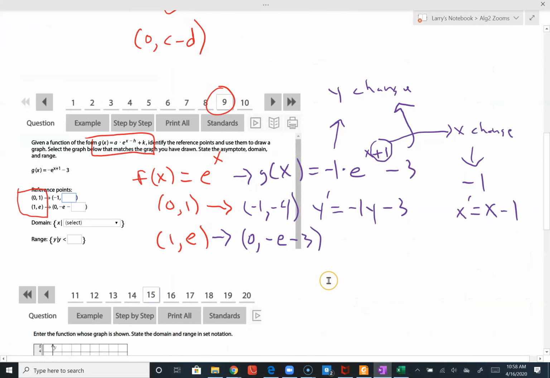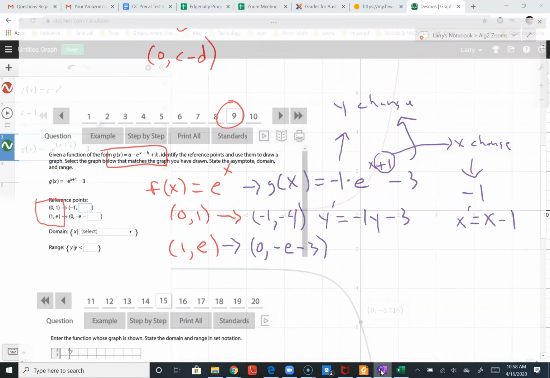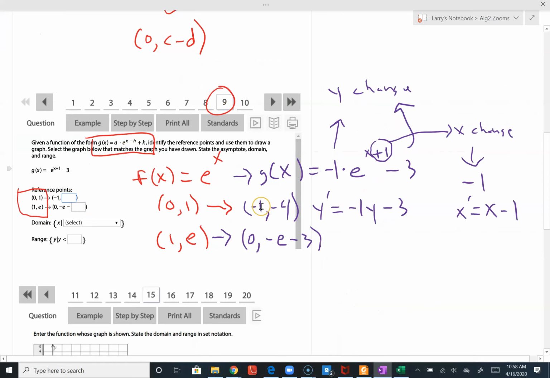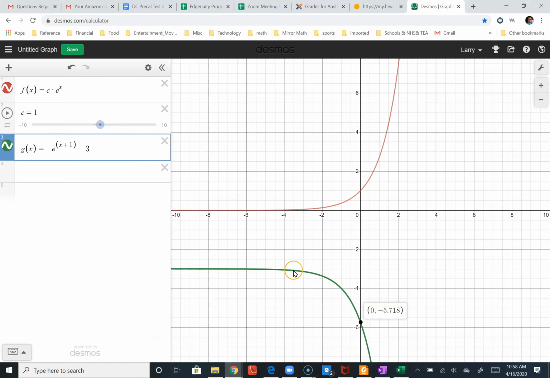That is indeed 0 negative e minus that, because negative e would be a negative 2.718, minus 3 would be that negative 5.718. We believe that negative 1 will pair with negative 4. Looking at our Desmos, negative 1 will indeed pair with negative 4.